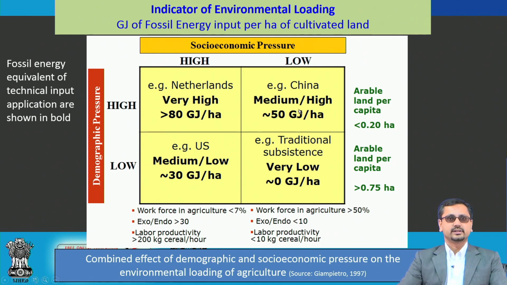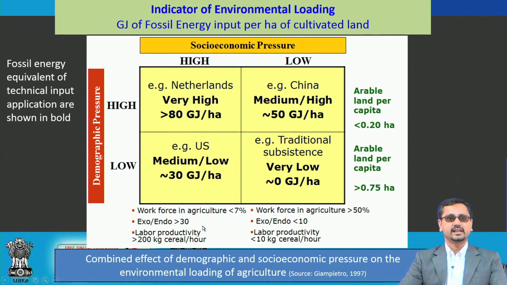The columns representing the socio-economic pressure can be split into high or low pressure. That would resemble the workforce in agriculture. If it is less than 7%, the authors considered it very high socio-economic pressure, because there is a relatively fewer number of population responsible for the production system.